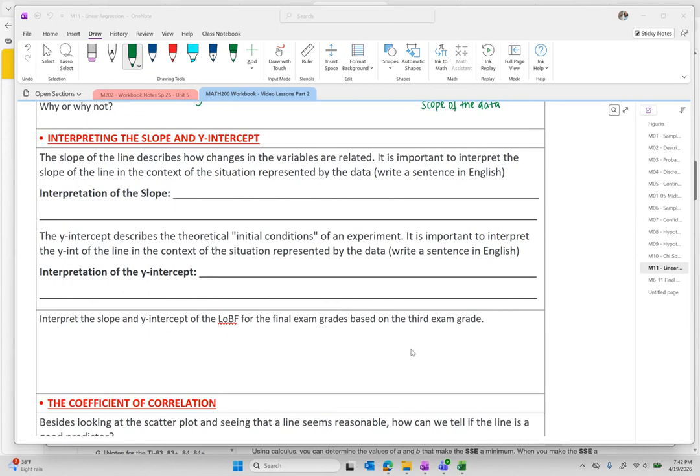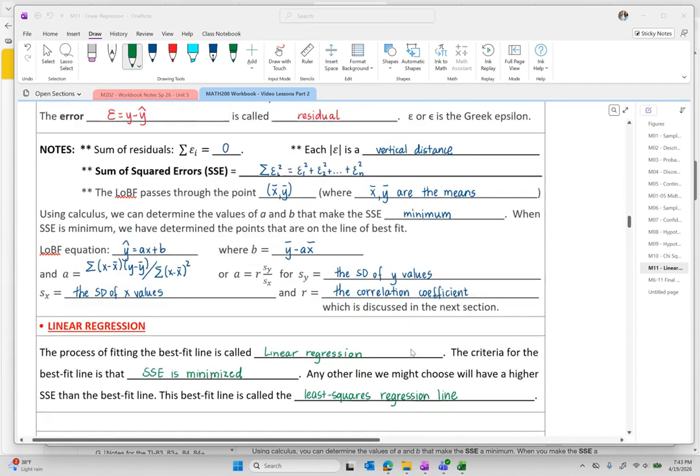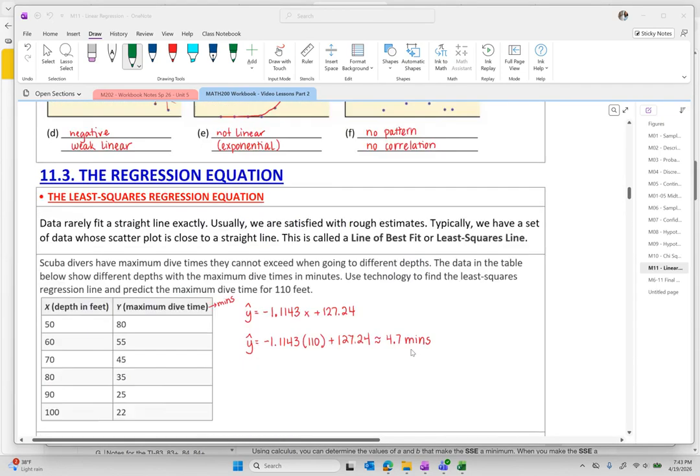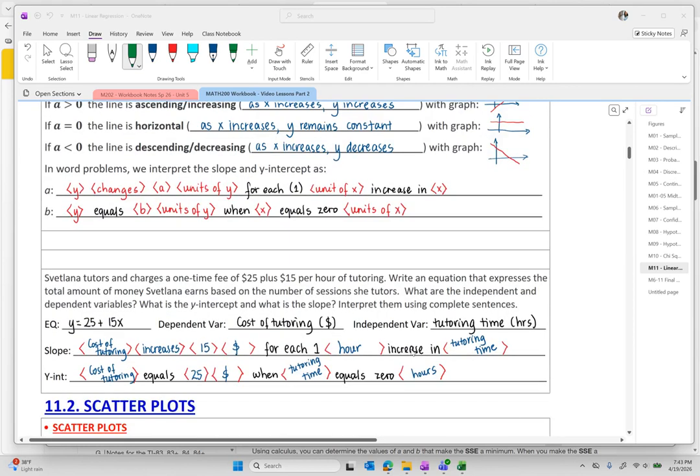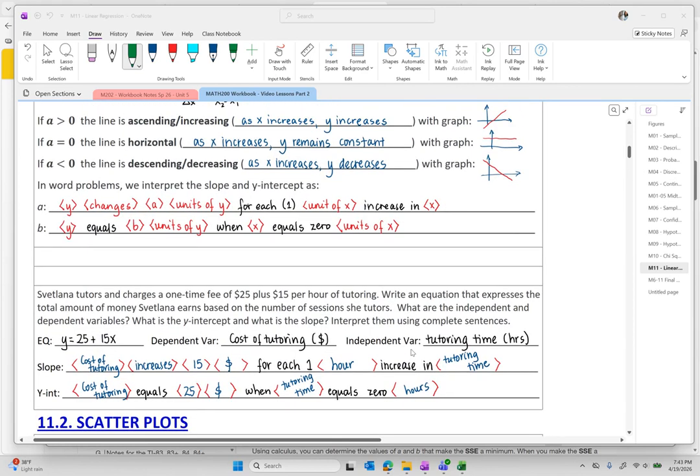Remember that we discussed the interpretation of the slope and the interpretation of the y-intercept when we introduced the line, and we said that the slope is that y changes a certain number of units for each 1 unit increase in x, and the y-intercept is that the y equals a certain number of units when x equals 0.